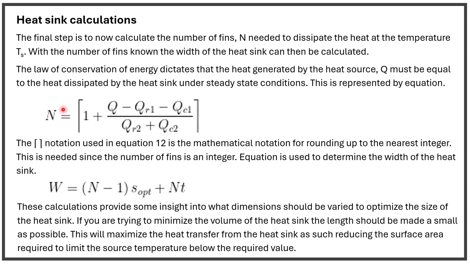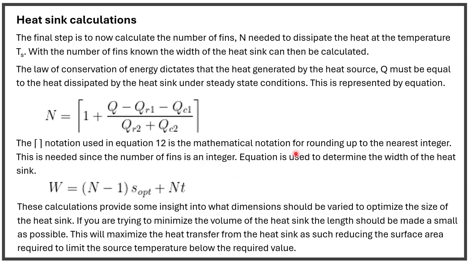Here you can see this equation we can use to calculate the number of pins. This notation means rounding up to the nearest integer, because the number of pins will be an exact number and not a fraction.